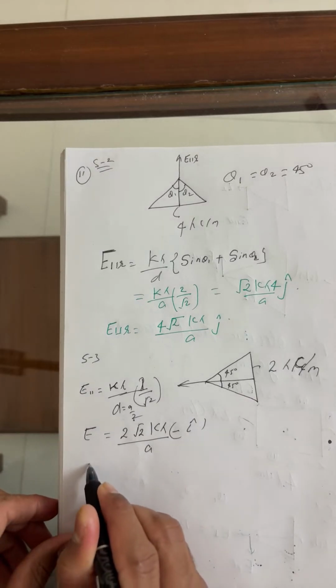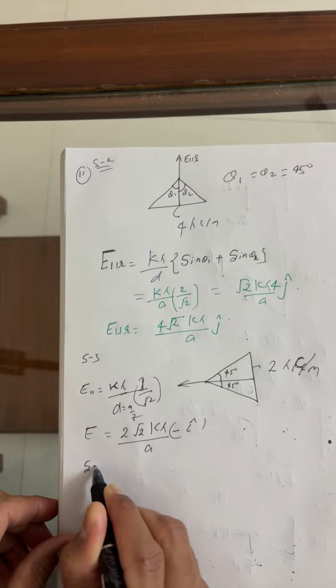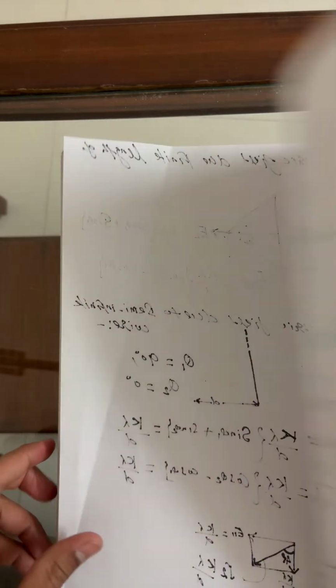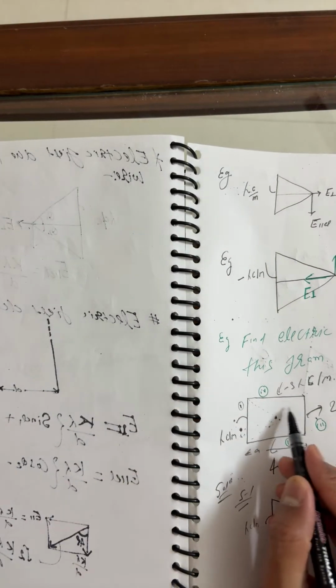Okay, the last step, this is step 4 for this question. We have the last one, this is minus 3 lambda.